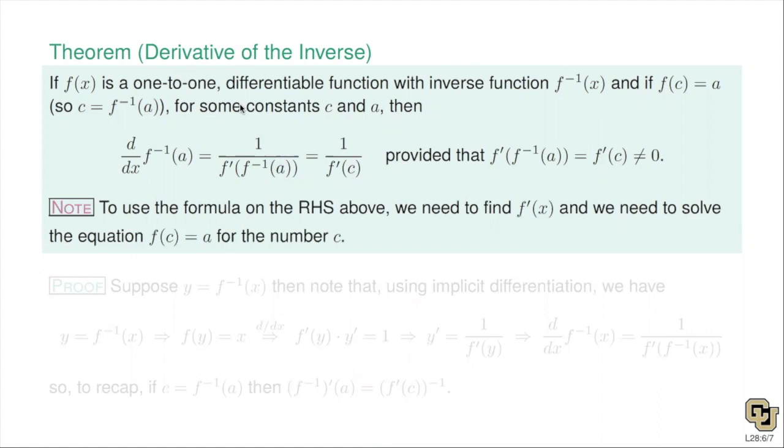And here, what you should really appreciate is that we're finding the derivative of the inverse on the left-hand side by finding f prime and by finding the number c, which involves solving the equation f of c equal to a.